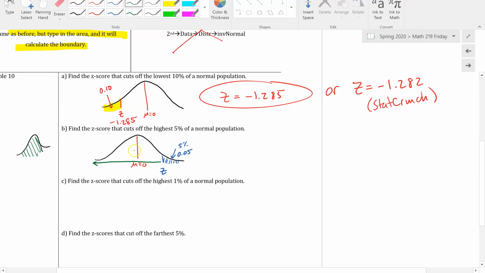Wouldn't all this be 95%, or 0.95? So, because my z-table only tells me left area, I would use the positive z-table, because I'm to the right of the mean. And then I would need to look for an area of 0.95 to find that z-score.